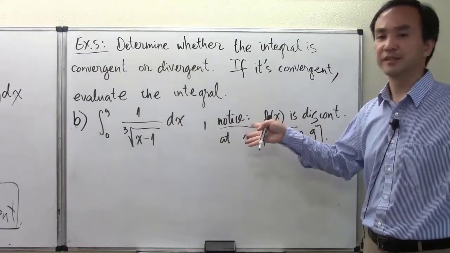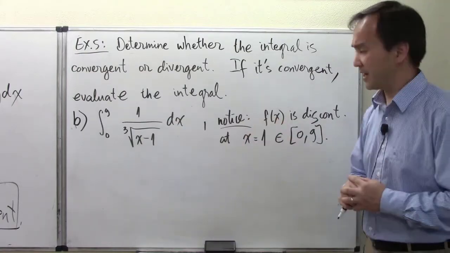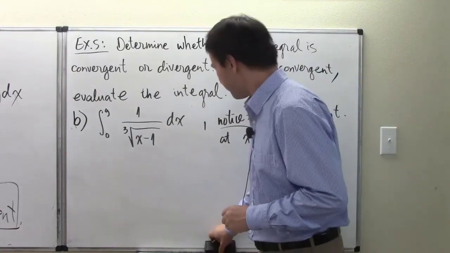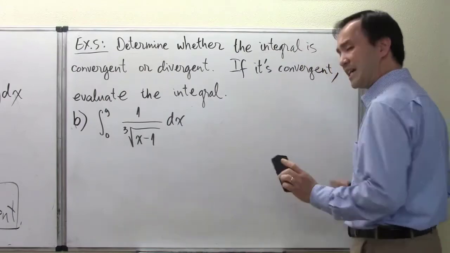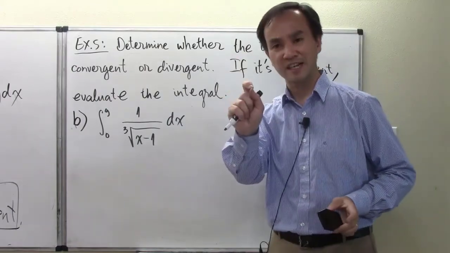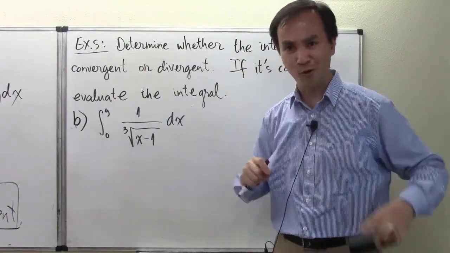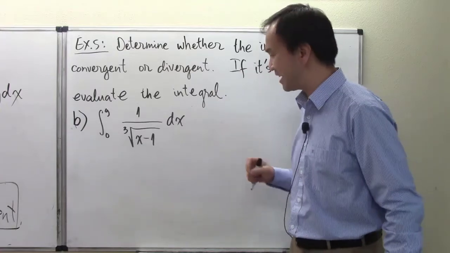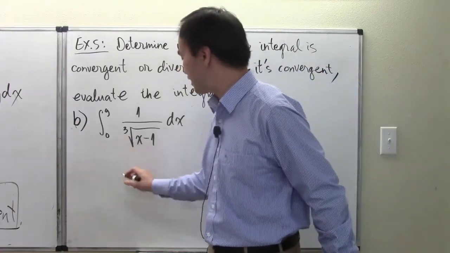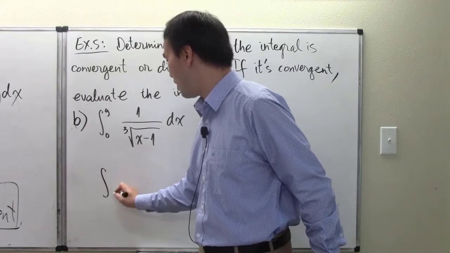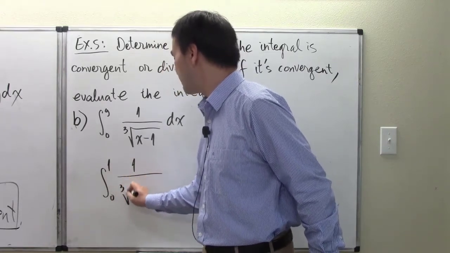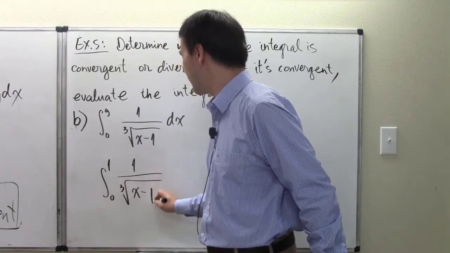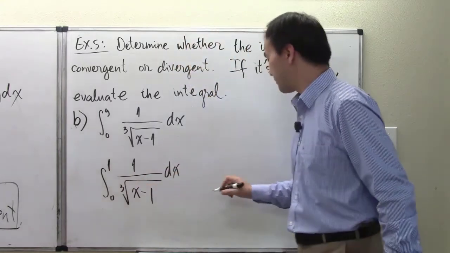But that's just enough trouble already. At least the good news is once we realize that breaking point, that discontinuity point right there, then we can immediately produce two separate integrals. One of them is from 0 to 1 of this function, 1 over cube root of x minus 1, and another one.